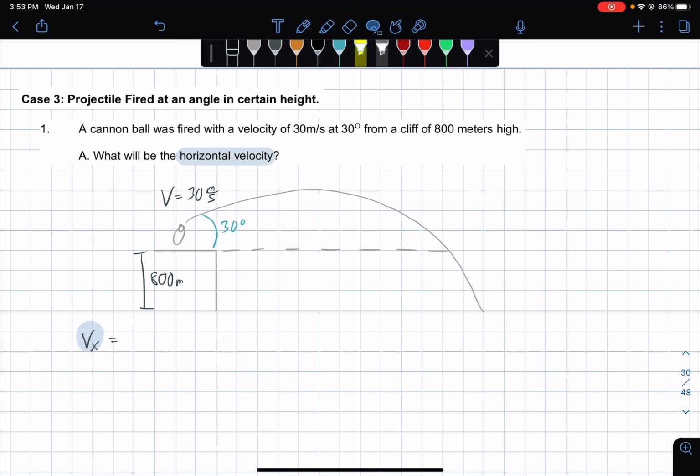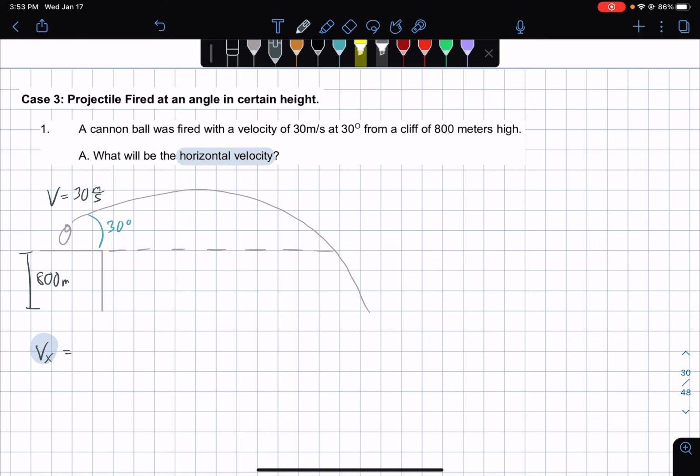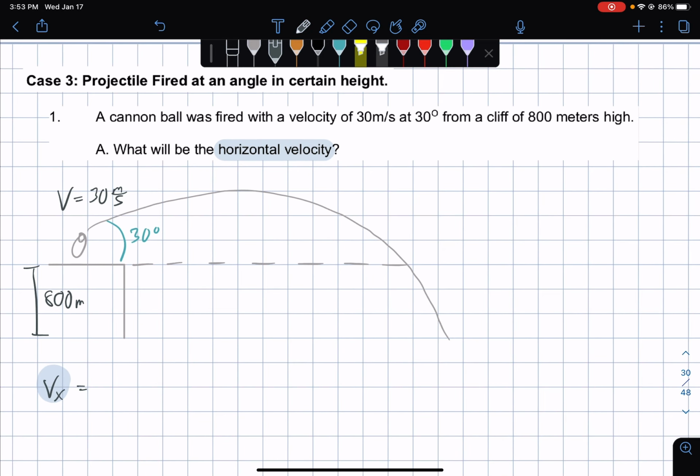Alright, so we're now at case 3. This is what I was talking about in the previous videos and earlier. I mentioned that in the circumstances where the surface is even, the time going up is equal to the time going down. But now that we are facing questions where there is some sort of a cliff where the projectile was fired, of course, let's say this is the peak.